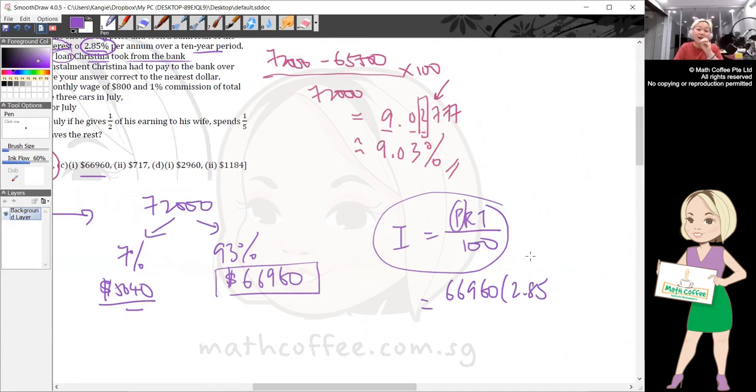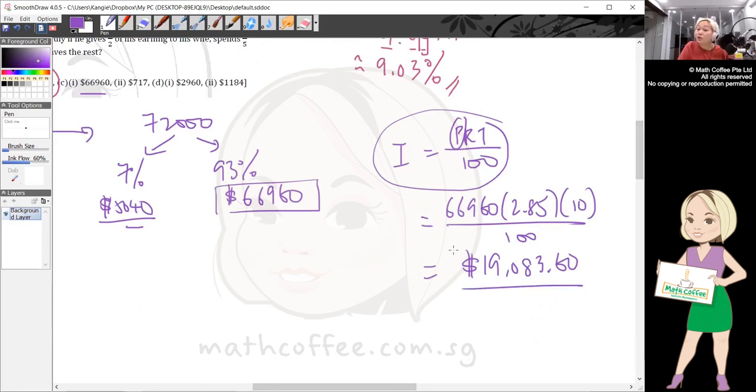Just put the value 2.85. T will be 10 years because you borrow over 10 years. So I will take 66,960 multiplied by 2.85 multiplied by 10 years and over 100. It will be 19,083.60. And yes, this is only the interest.